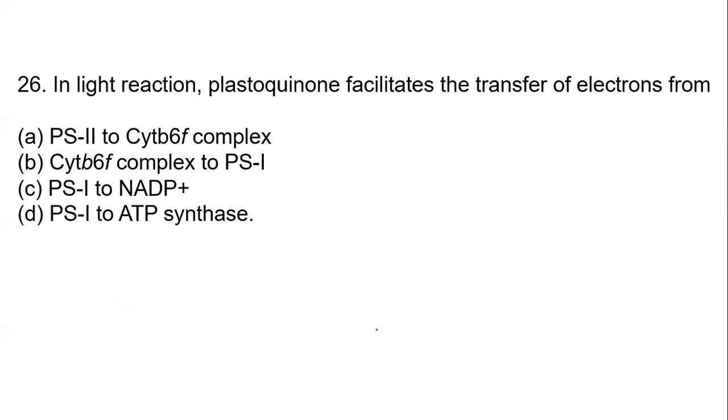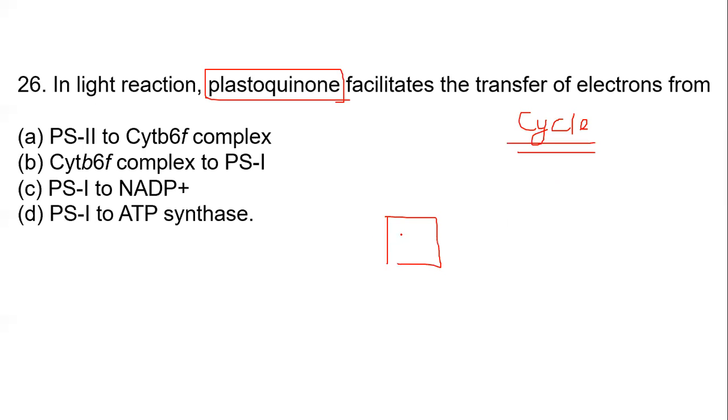Question number 26, moving on to the last 4 questions of the chapter. In the light reaction, plastoquinone facilitates a transfer of electrons from? It is actually a compound in the cycle of electron transport given over there. Imagine this is PS2.